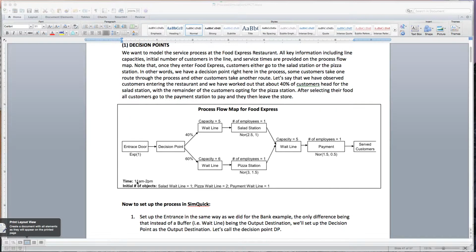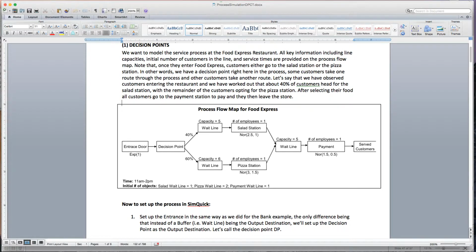We are modelling the time period 11 a.m. till 2 p.m. Since this Food Express opens at approximately 9 a.m., the initial number of customers in line is what we have observed when the simulation starts at around 11: typically one person in the salad line, 2 people in the pizza line, and 1 person in the payment line.